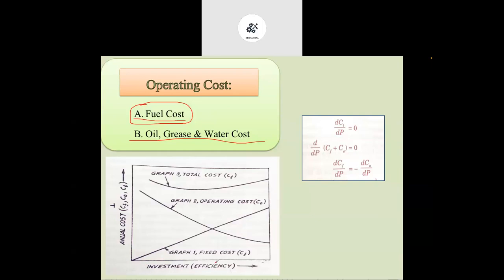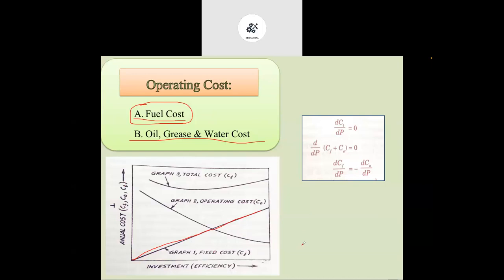Now, the total cost is the sum of the operating cost and the initial or fixed cost. You can also see the graph, which gives you the idea regarding the investment efficiency with respect to the cost, or we can say the cost versus investment graph.